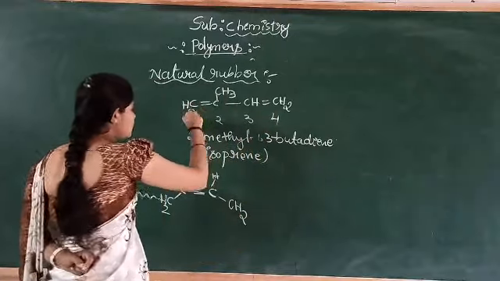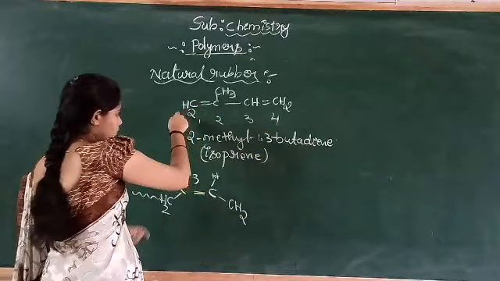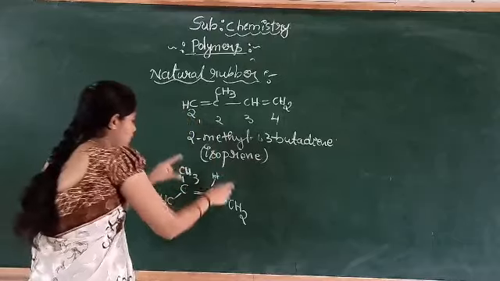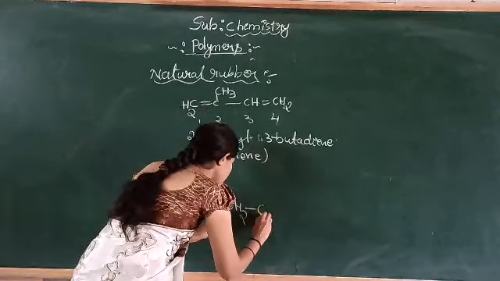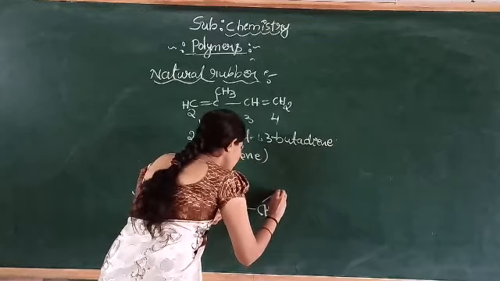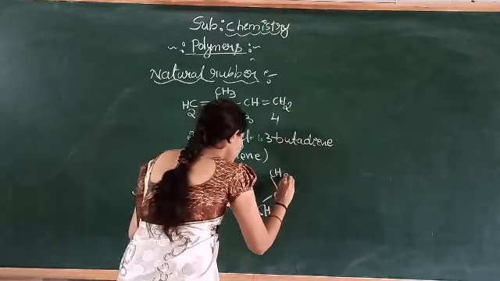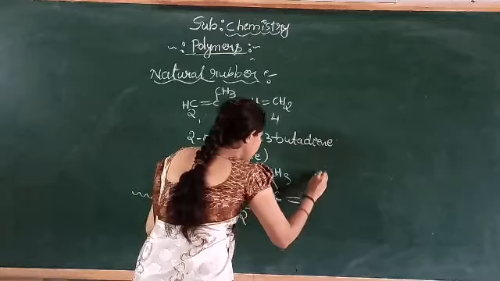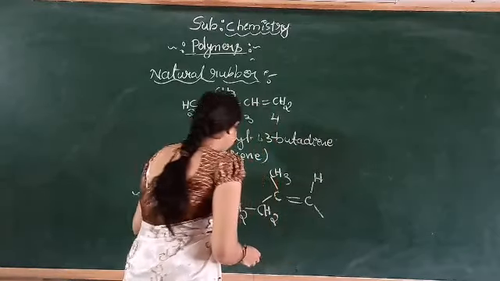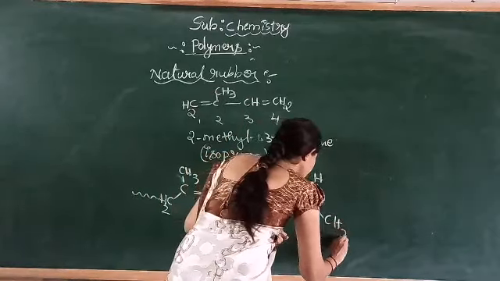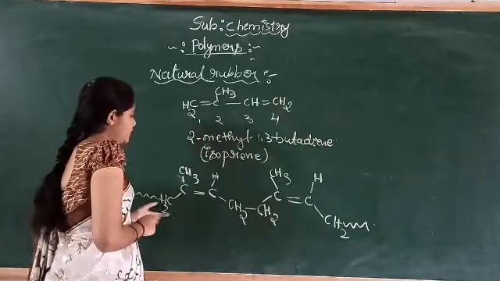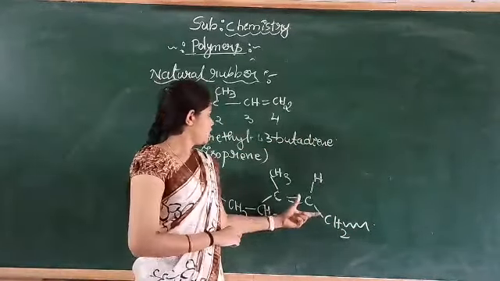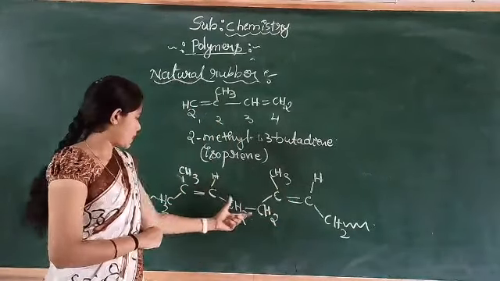Another molecule of 2-methyl 1,3-butadiene bonds with this CH2, here C, here CH3, double bond, C, H, here CH2. This continues. This is the partial structure of natural rubber.